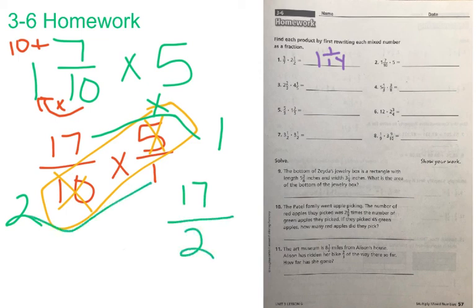I'm left with the fraction 17/2, and I can simplify that because it is an improper fraction. 2 can go into 17 8 times because 8 times 2 is equal to 16, so I'm left with a remainder of 1, which gives 1/2. So I have 8 1/2.